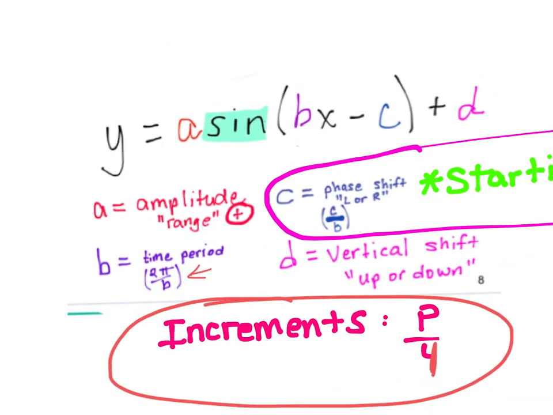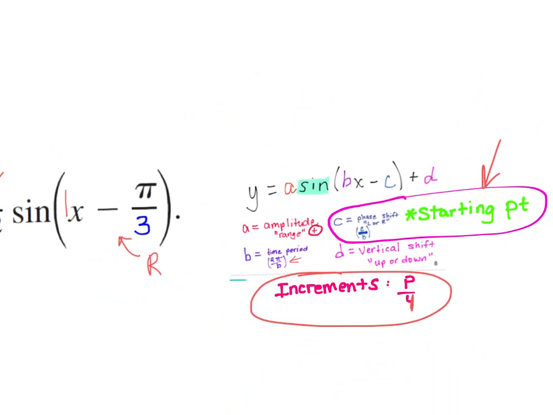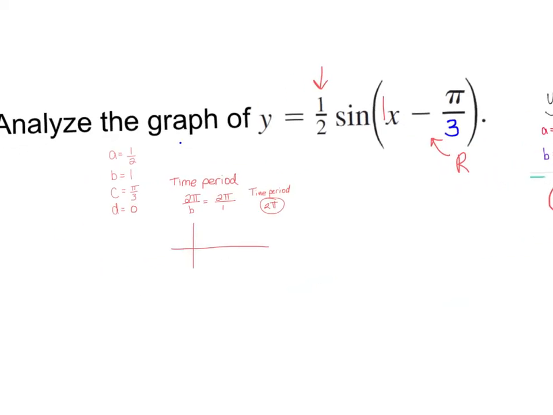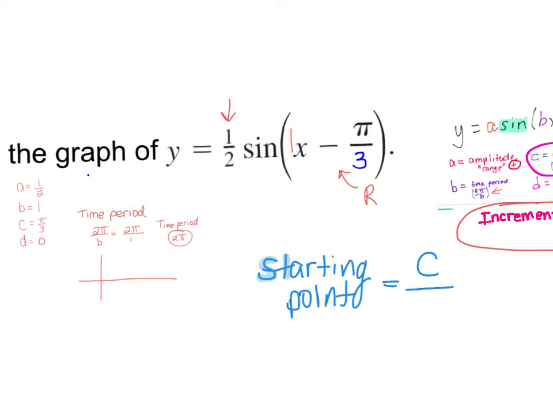That's what I said. Our phase shift is our C over B, correct? You guys with me? Okay, so try not to zoom out so much so you guys can see better. I'll just write bigger. My starting point, I'll write over here. My starting point is C over B. What is my phase shift?